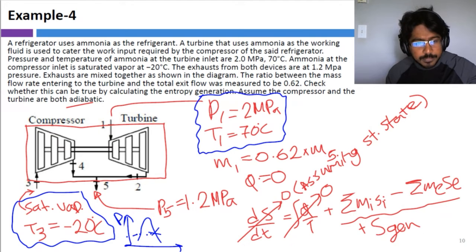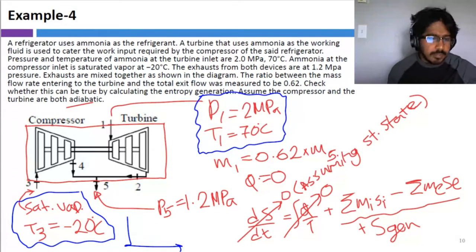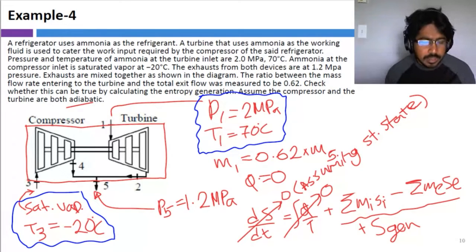But at state 5, we only know the pressure. Knowing only the pressure, we cannot find the other properties. We need one additional property, something to play with. As we want to calculate the entropy generation, that equation has some missing parameters. That's why we are looking into other options.